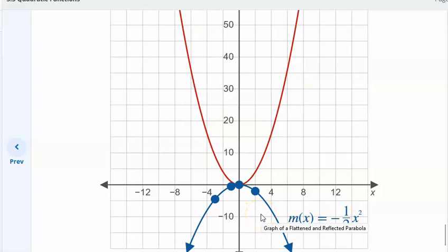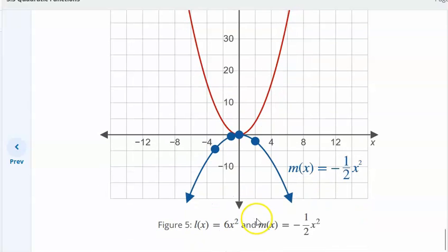And notice that instead of shrinking toward the y-axis, it expands. So we see it illustrated here. Again, all some background material of what goes on in a parabola depending on the function we are graphing.